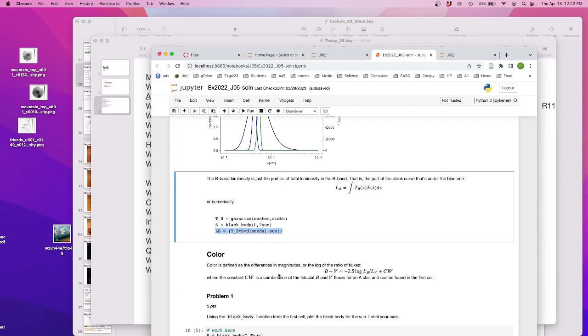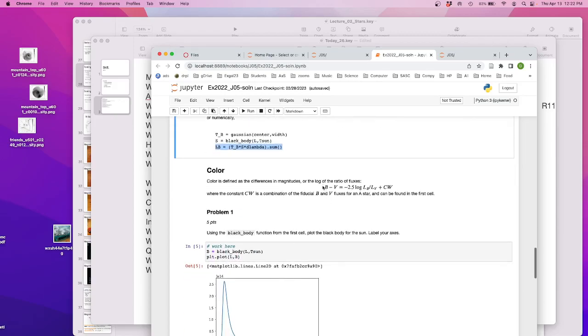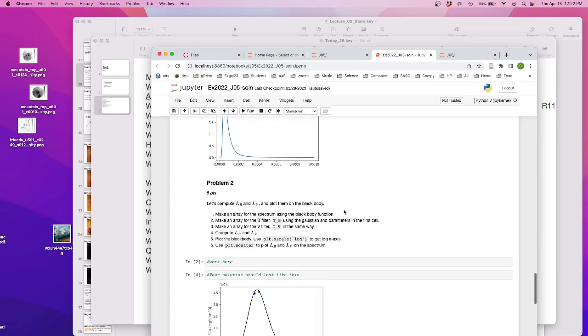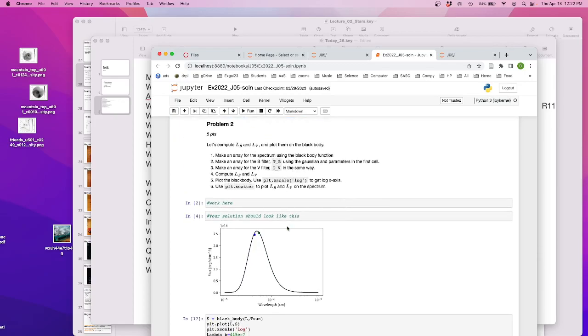This is the bit that you need. So color is then the ratio of the logs plus this number, and this number I just give you, it's up there. It's the magnitude of an A star, which is like 0, but it's not actually 0 because history. So, okay, the first thing was plot a black body, which is just that. The second was plot my colors.